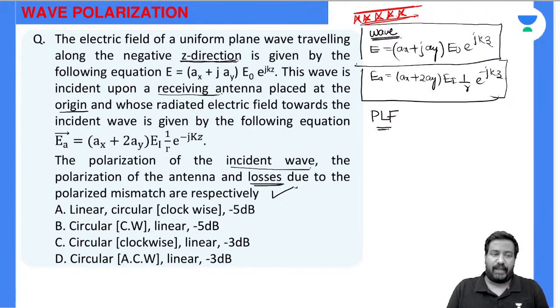First, see the question and tell me the polarization of the wave and the polarization of the antenna, and if there is a mismatch, we need to calculate the polarization loss factor. Find out and tell me.